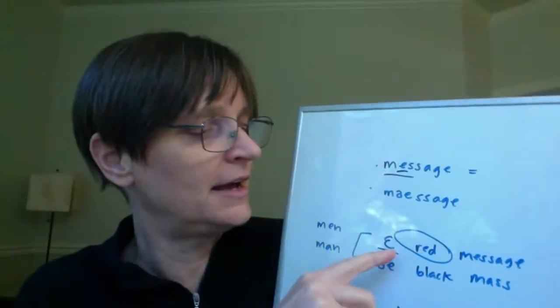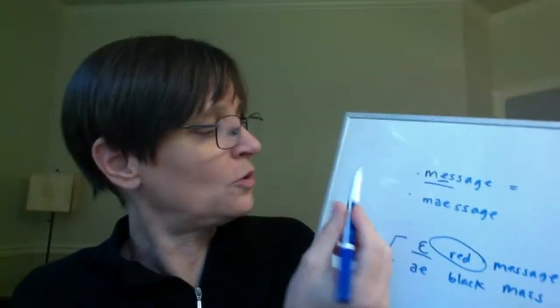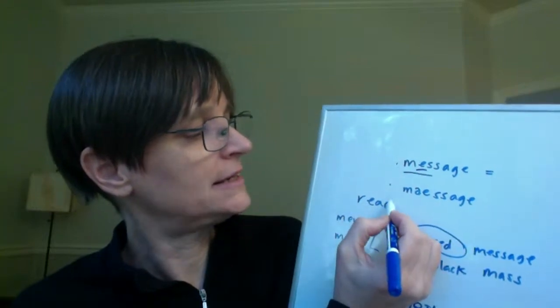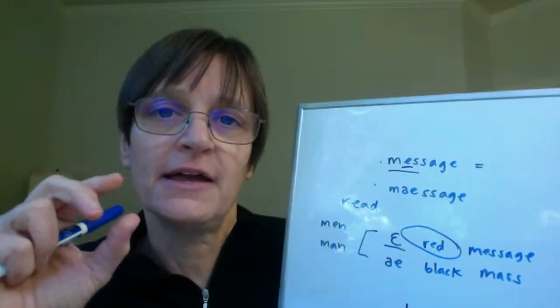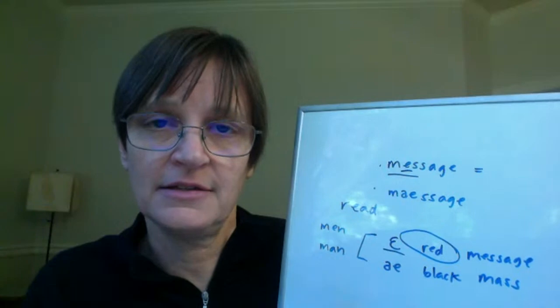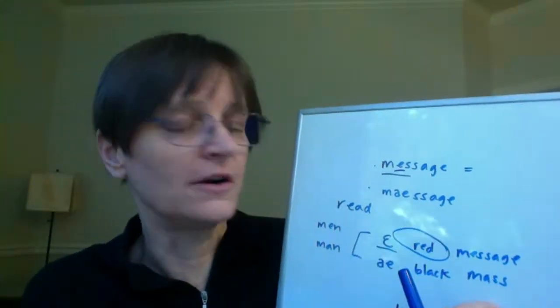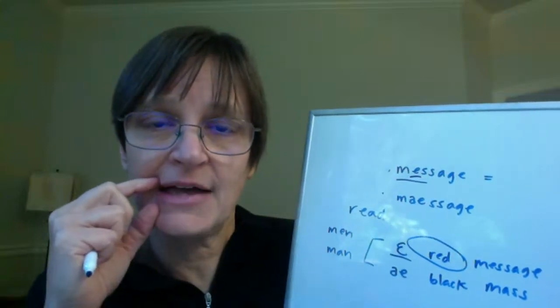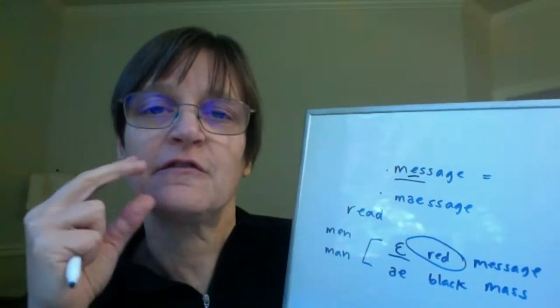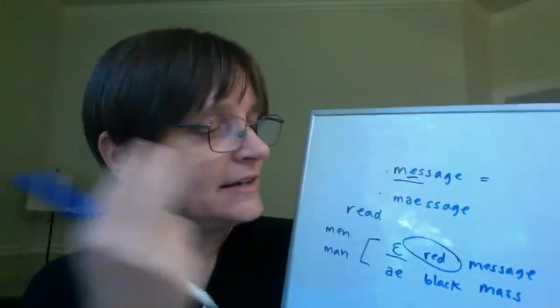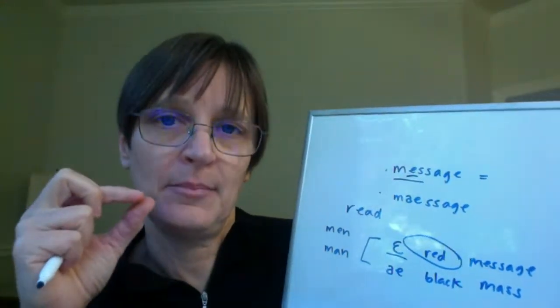So if I said a read message, or I read my messages, I can hear the eh is the same. I can also try contrasting words like I'm showing you here. I can try saying mass and mess and feel the distance and hear that distinction. Mass, mess.